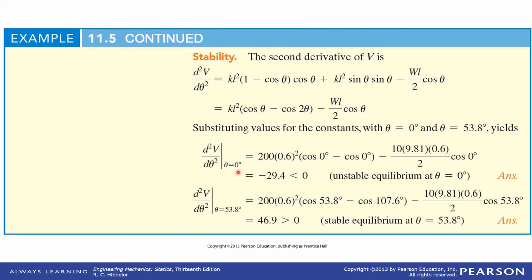So at theta equals 0, you get negative, unstable. At theta equals 53.8, you get positive, stable. It's going to drop, which we can see intuitively, but it's good also to see it with math.